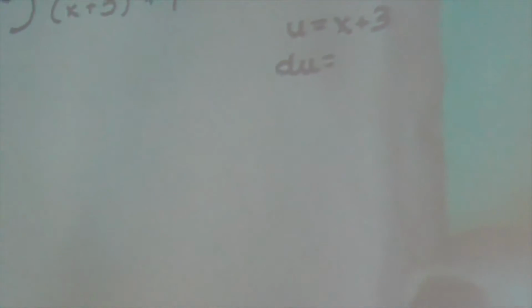Remember, if u is not literally x, you need to do a du just to be safe. So du is 1 dx, which I have on the inside, so I feel really good about that. And what is a? 2. It's the square root of that thing right there.